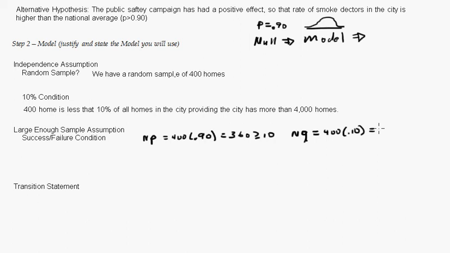So that's 40. Okay, greater than or equal to 10. So both the expected number of successes and the expected number of failures are greater than 10. So the sample is large enough.